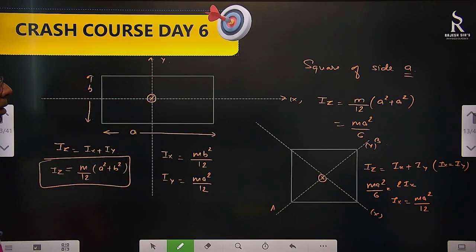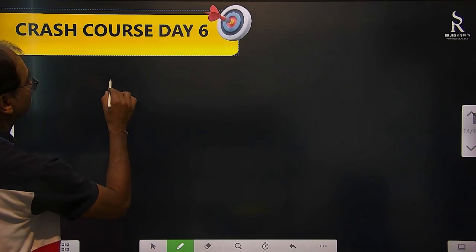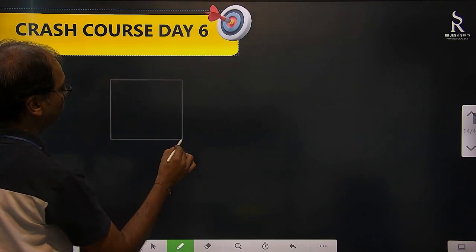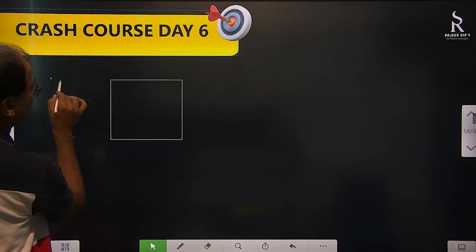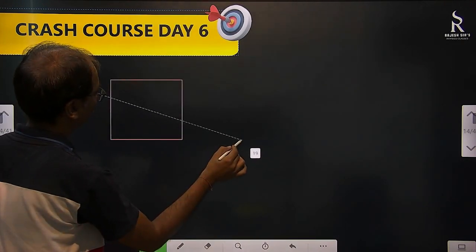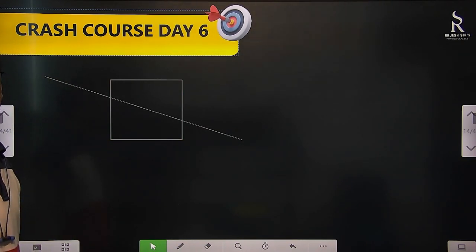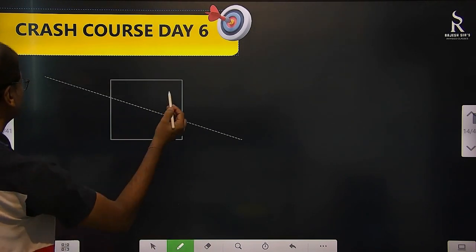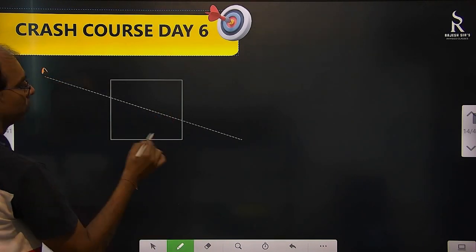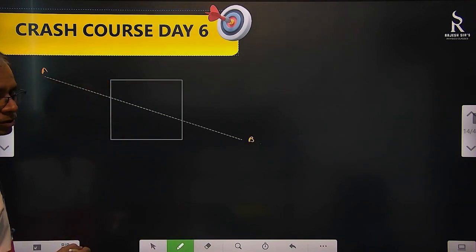Fine. If I change the axis one more time in the square only, suppose the axes are like this in the square. In this one I am making the axis like this, passing through the center only. Now I want to find the moment of inertia about this. About this also it is the same, because this is also dividing the square into two equal parts. One more we can have perpendicular to this. Yes, that is also possible.